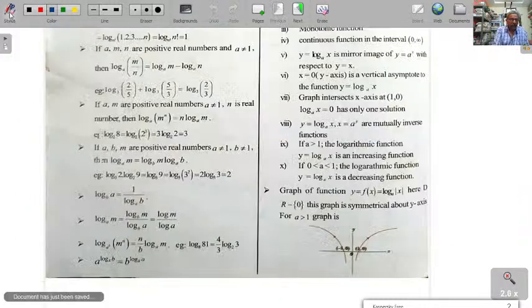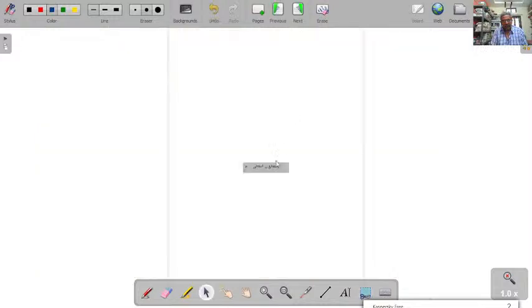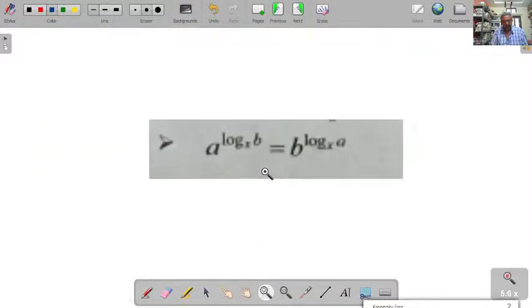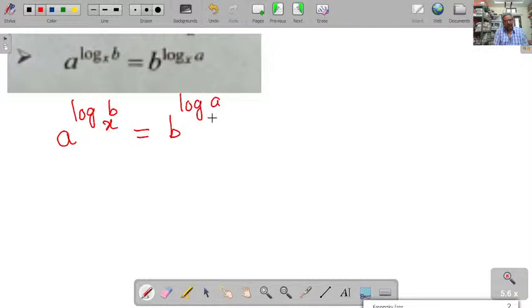Okay, one more very, very important result to be discussed at this time. Here, a to the power of log b to the base x is equal to b to the power of log a to the base x. Both are equal. Sometimes you may be asked like this: a to the power of log b minus b to the power of log a.